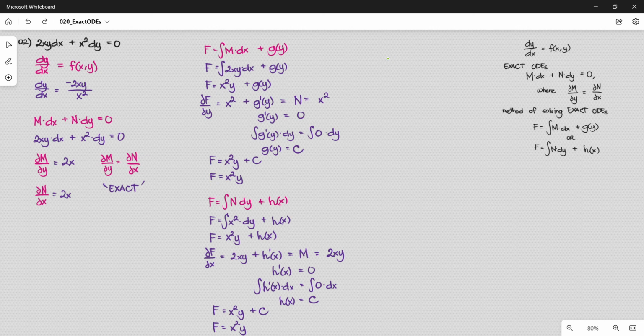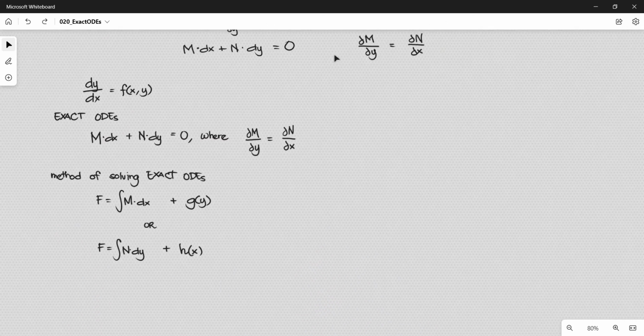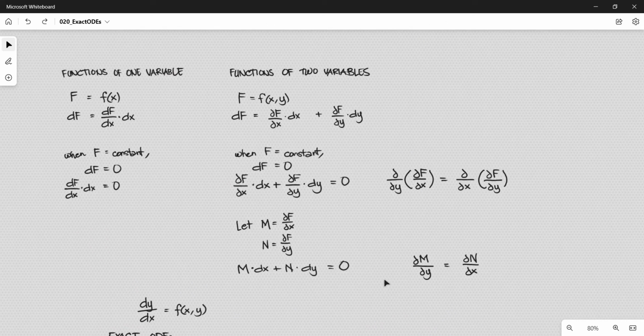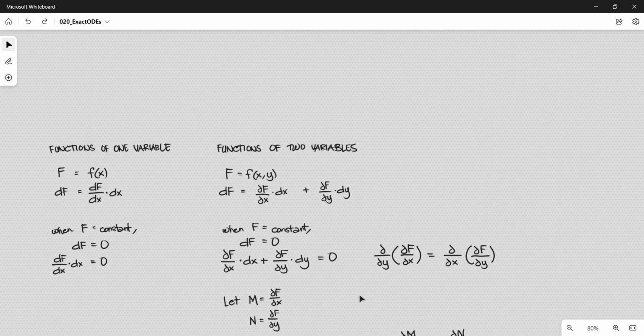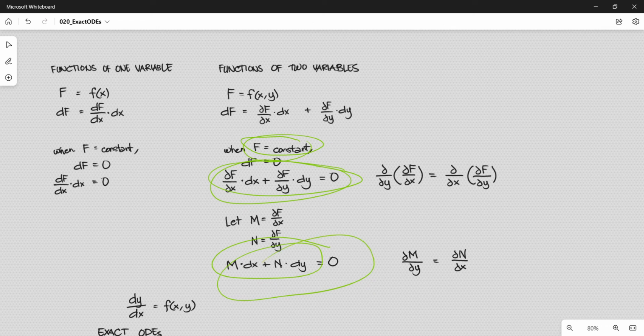Yun yung definition natin kanina. Doon nanggaling yung exact differential equations. Ayan. So, kapag constant yung f na to, saka tayo nagkakaroon ng exact differential equations.